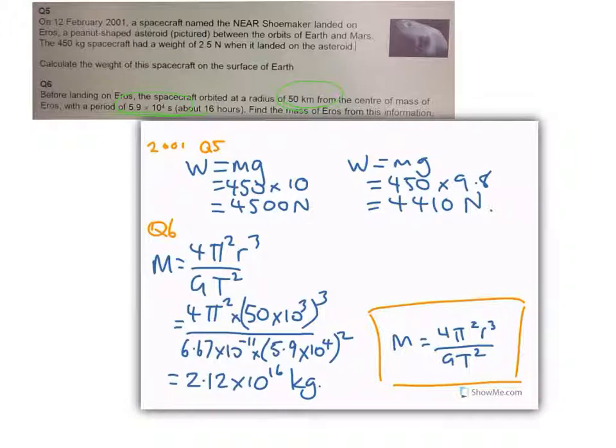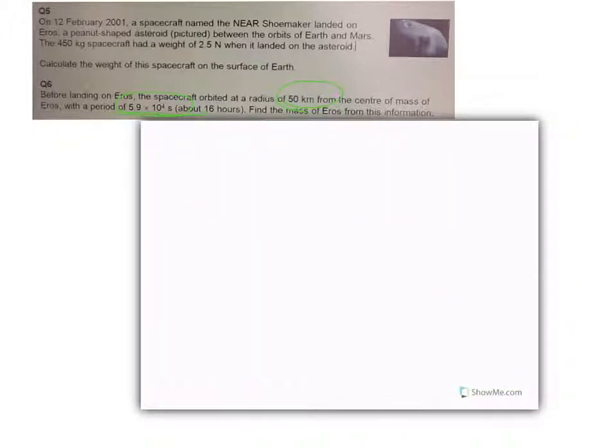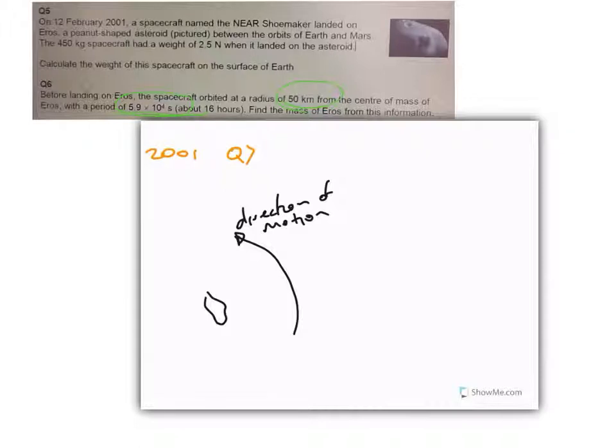Now to continue on, 2001 question 7. This one here has a diagram which is provided, so it's got a little picture of Eros, and it's got the direction of motion going that direction. And it's got a little picture of the spacecraft there.